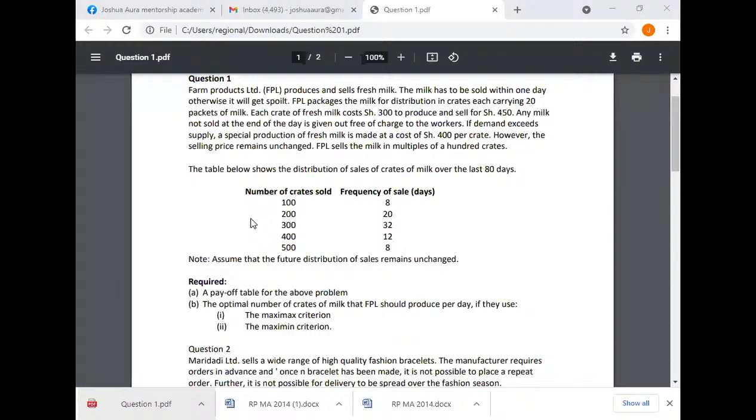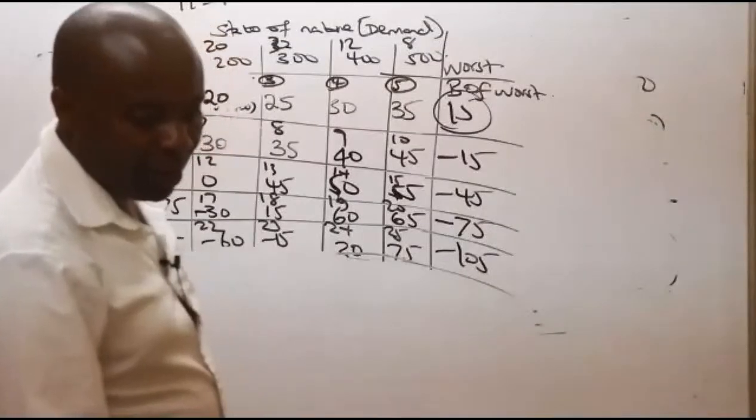Of course, to get these probabilities, I would have used the frequencies: 8, 20, 32, 12, and 8. So can somebody give me the total frequency? We normally use frequencies to get probabilities.